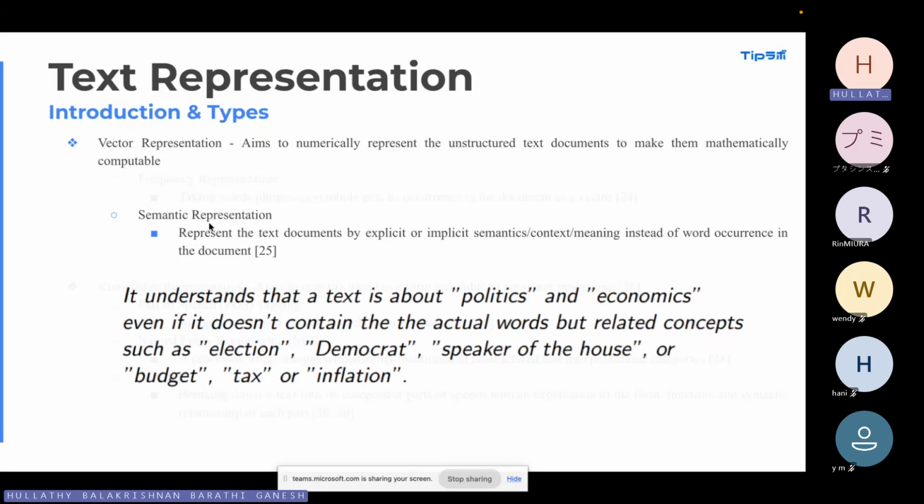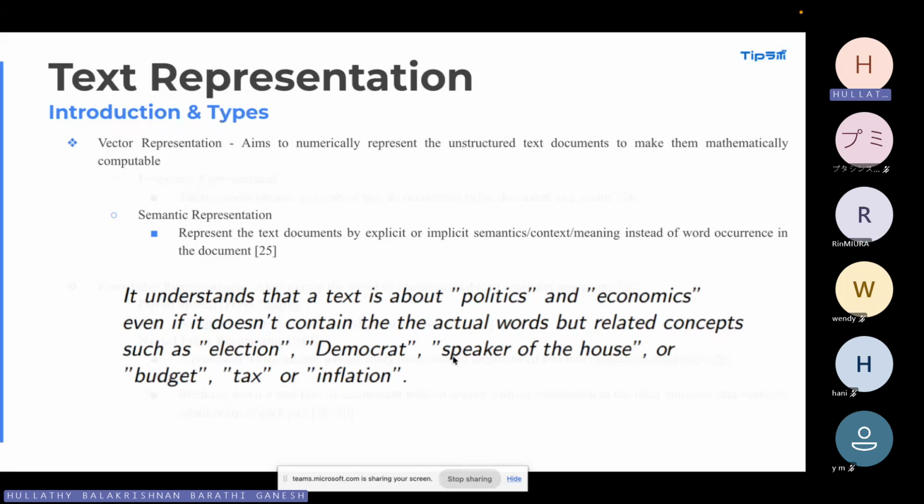How it helps is, if you take two words, politics and economics, and blindly read these two terms, you might feel they don't have direct relations. But if you relate these words with the discussion in the parliaments, you will get the election, Democrat, Speaker of the House, budget, tax, inflation.